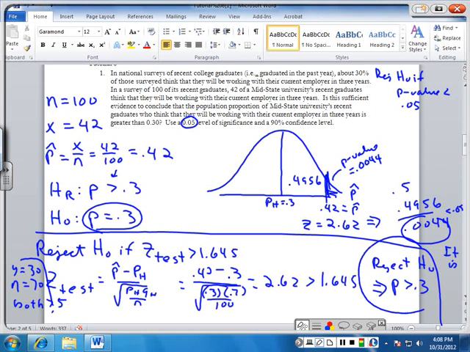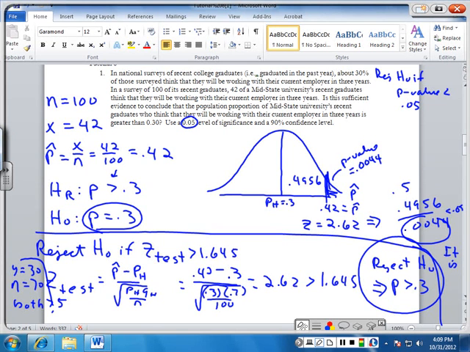Therefore, we can reject H0 and conclude that p is greater than 0.3, that the population proportion is greater than 0.3. More fully, the information from our sample, that is that we have a sample proportion of 0.42, is sufficient evidence for us to conclude that the population proportion is also greater than 0.43. I'm sorry, greater than 0.3.